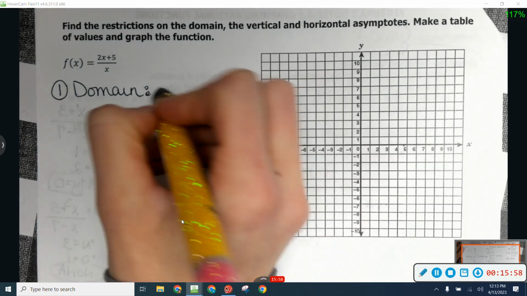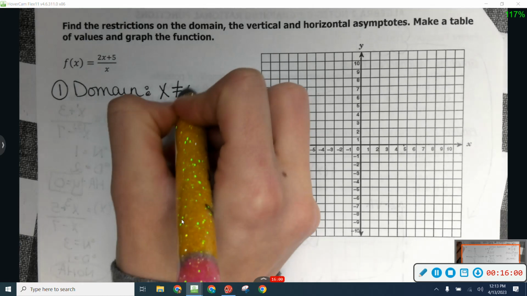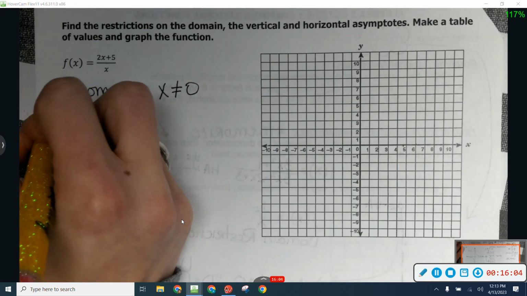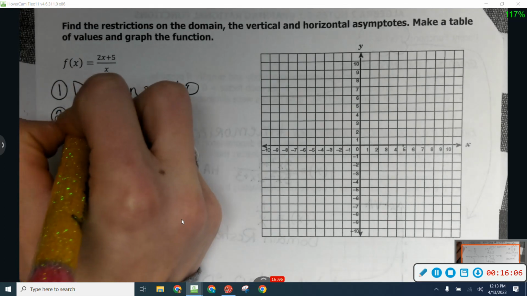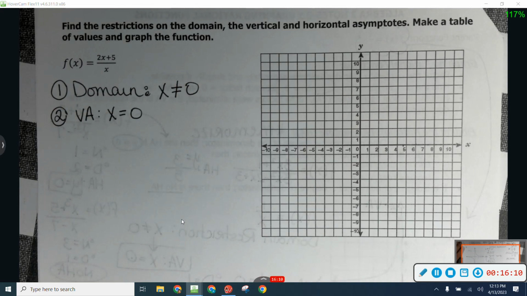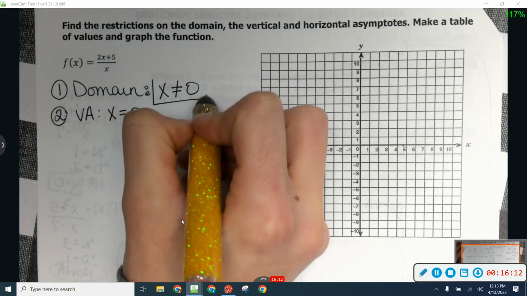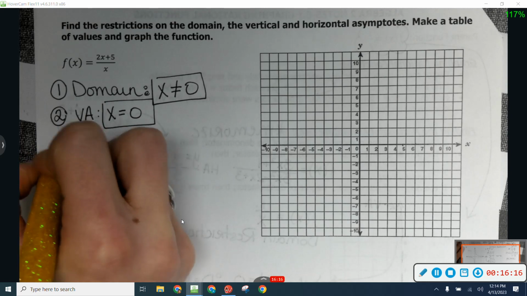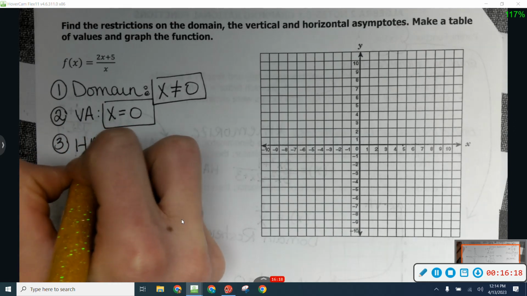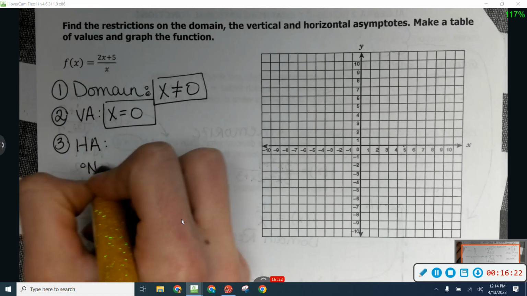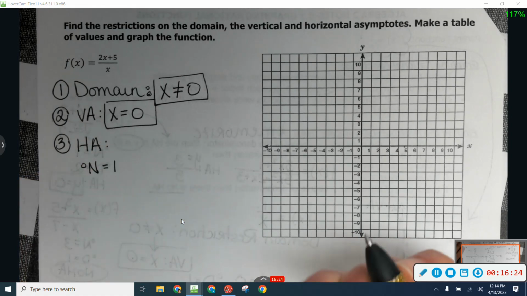My denominator is just x, so x cannot equal 0. So then my vertical asymptote is x equals 0. So for my horizontal asymptote, the degree of my numerator is 1.